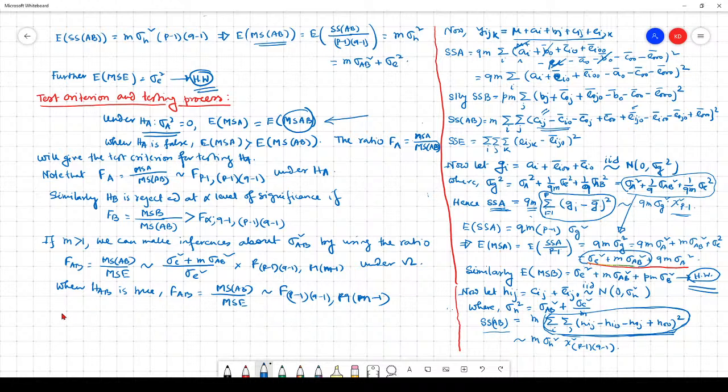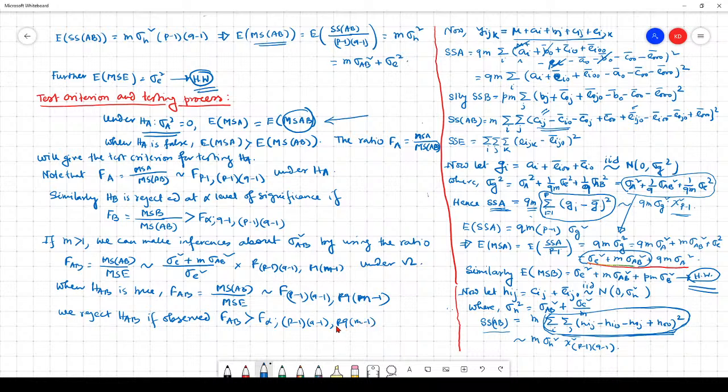We reject HAB if the observed value is greater than F alpha with P minus 1, Q minus 1, PQ, m minus 1 degrees of freedom.